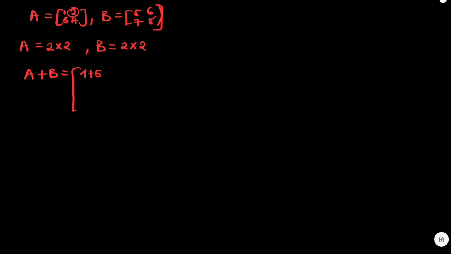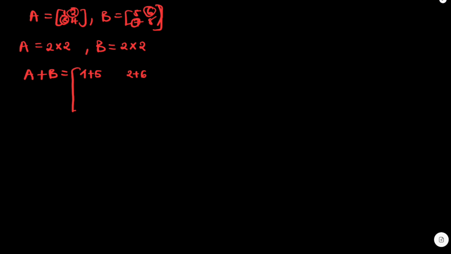Let's take this 2. Which element is its corresponding element in the matrix B? 2 and 6, they have the same position. So we can add them. That's 2 plus 6. Let's go to the next number, 3. Which number is its corresponding number in the matrix B? 7.